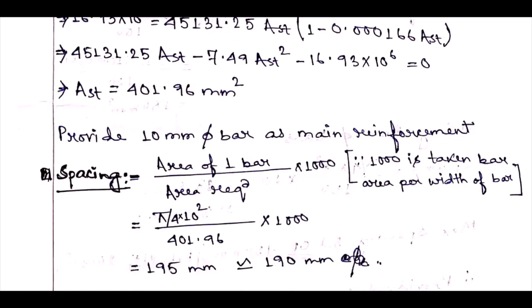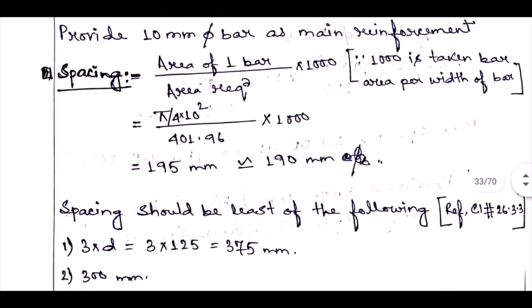So that is equal to area of one bar, pi by 4 into d square, and here diameter is 10, so 10 square, by required area 401.96 into 1000, that is equal to 195 mm. We have the license to reduce the spacing, so we may write 190 mm.